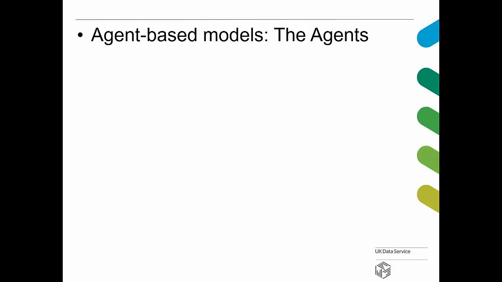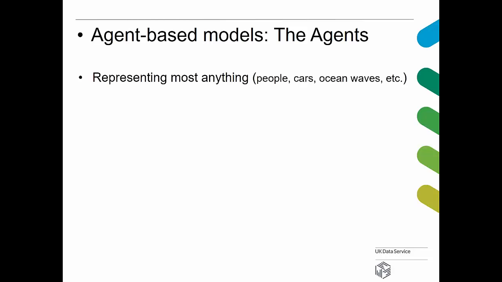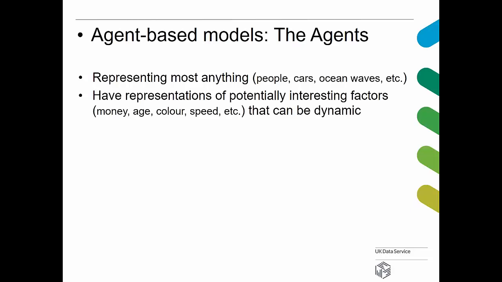Now the agents themselves, again, can represent most anything. Intuitively, we think maybe they should represent people, but they could represent cars, they could represent companies, ocean waves, nations, anything you think is worth representing as a decision-making kind of actor. Like the world, they have representations of interesting factors.